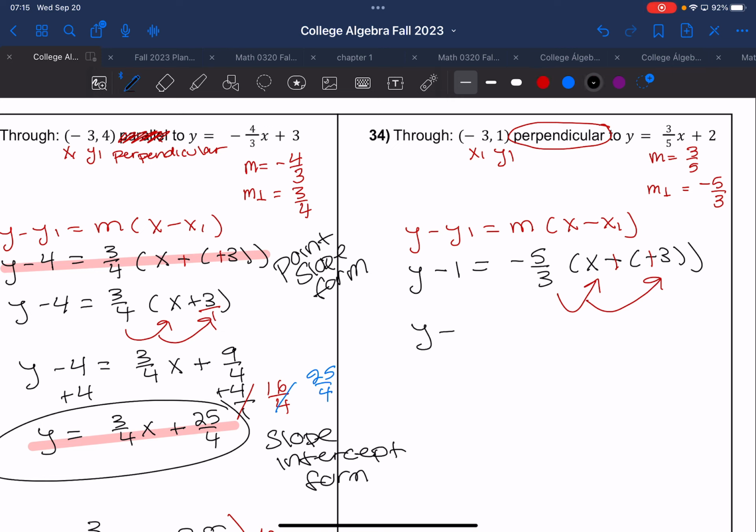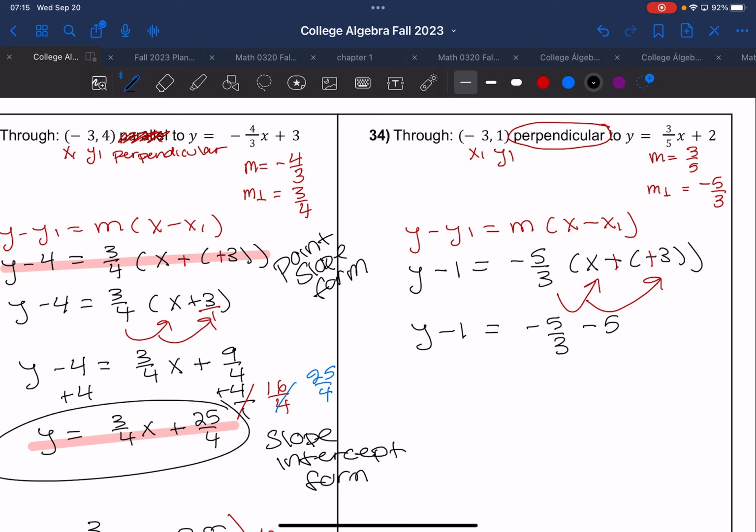So I get y minus 1 is equal to -5 over 3 minus, what's -5 over 3 times 3? Close, -15 over 3, which becomes, good, that -5.